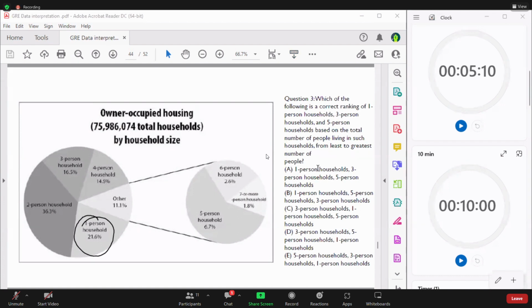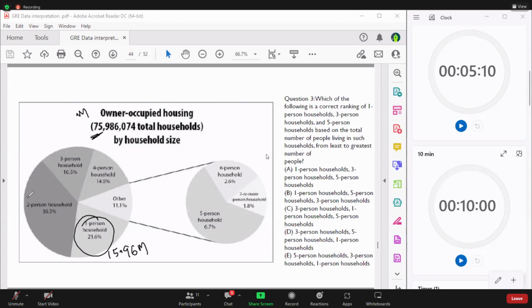So 21% of 76 would be 15.96 million people. Why? Because this is 75 million. Anyone who needs me to explain this part?